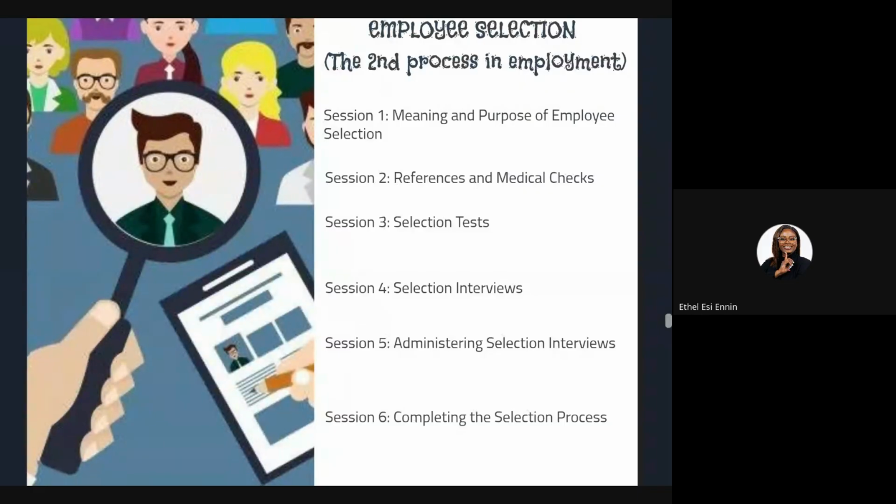Employers here in Ghana hardly use that form of selection, but out there, I guess it's something common. So I can't say much about it. Thank you, madam. You're most welcome.